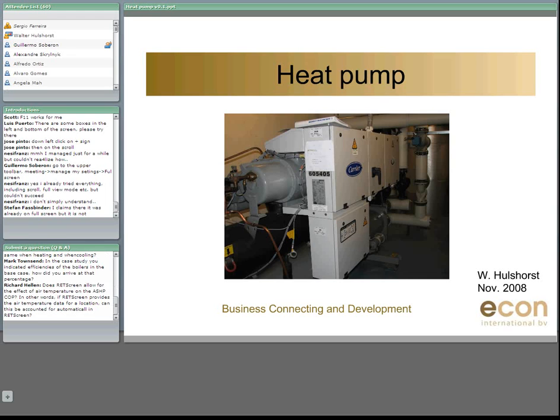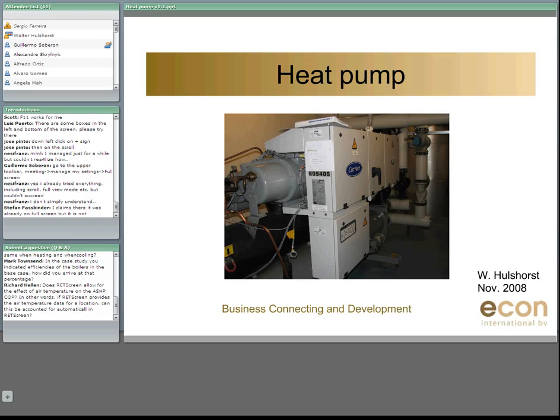The COP or the rating of your heat pump will be calculated based on the maximum COP that your heat pump can achieve, and this will be balanced with the climate conditions. So the average air temperature for that location will be accounted automatically in RETScreen.